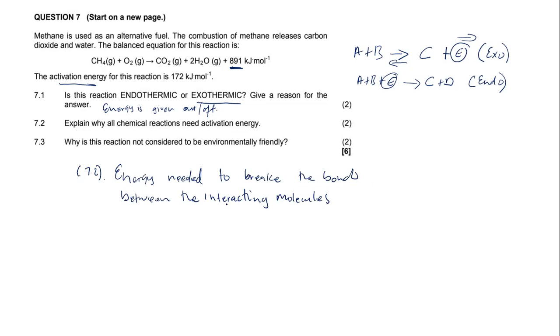Okay, so when I say interacting molecules, or you can say the bonds between the reactants, I'm referring to the reactants because the reactants are the ones that are going to interact.